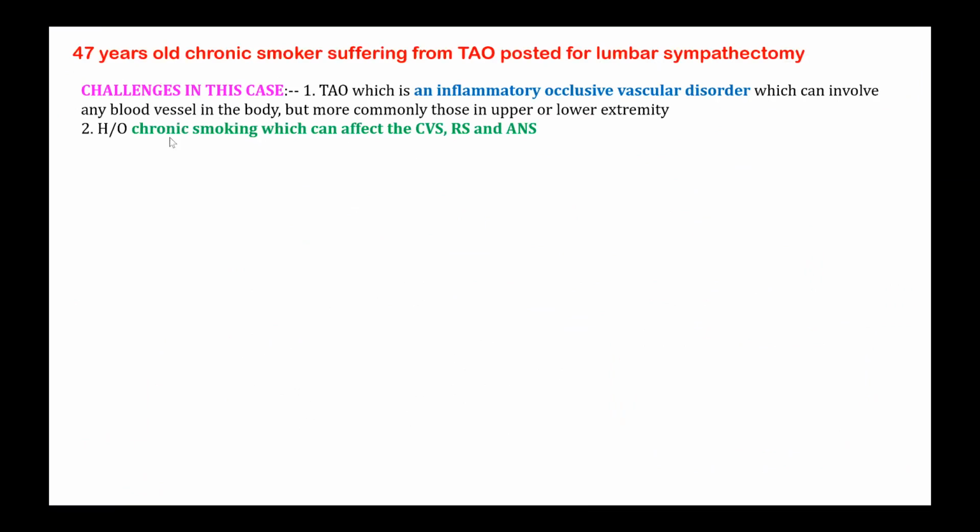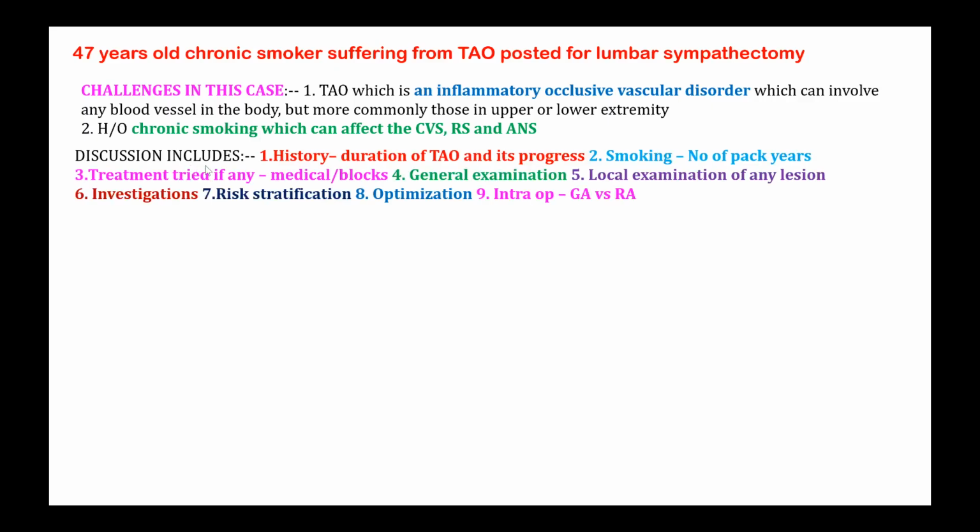So all the ill effects of smoking may be asked in the examination. You must know all about the effects of smoking on the CVS, the RS, and the autonomic nervous system.